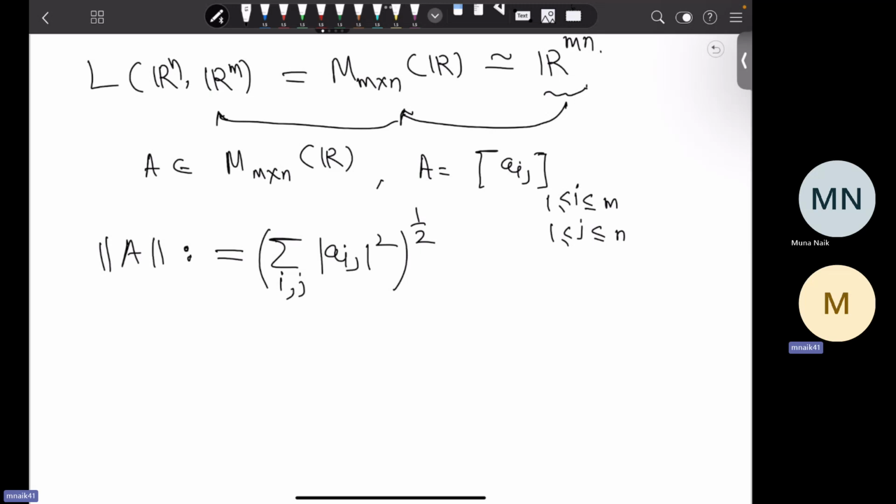This norm has a name. This is called the Hilbert-Schmidt norm, or sometimes people call this the Frobenius norm.